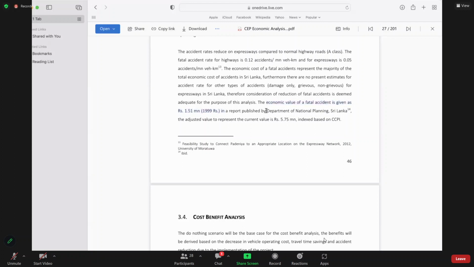This is taken from the Department of National Planning in Sri Lanka. So that's the only data that they have available that they could use. They're saying that they were not able to then cost these other types of accidents due to the lack of data available.